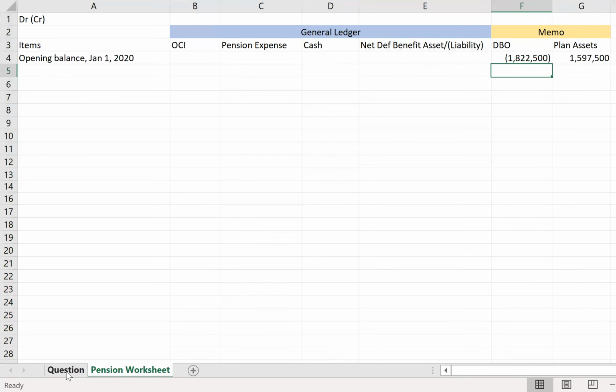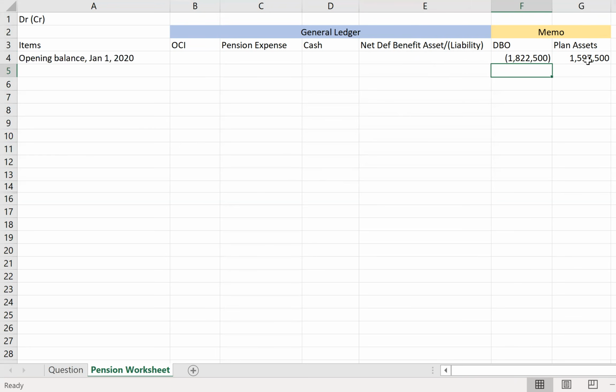So we're not given the opening net defined benefit asset or liability on the books and records of the corporation, but what would that be? And another question is does this plan have a deficit or a surplus as of January 1st, 2020? Well, the plan has a liability of 1,822,500, and they only have assets of, say, 1.6 million.